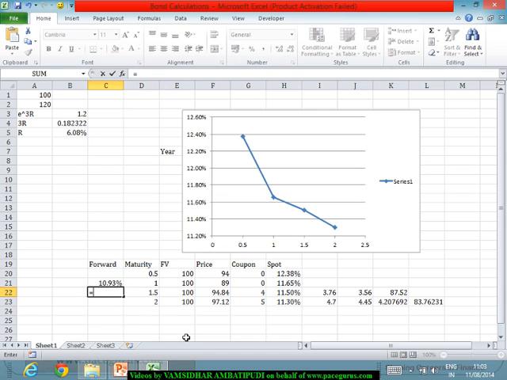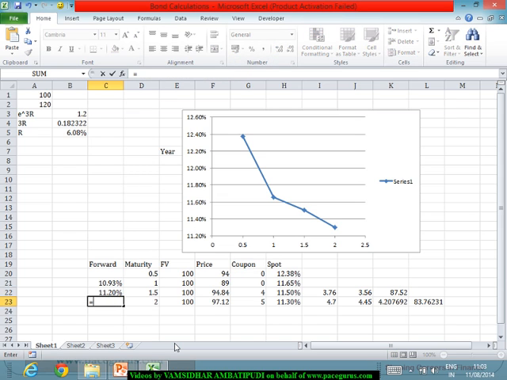Similarly, if I want between 1 and 1.5, what is going to be the interest rate? The same logic: R2 T2 minus R1 T1 divided by T2 minus T1. So here it is going to be 11.19%, or 11.2%.